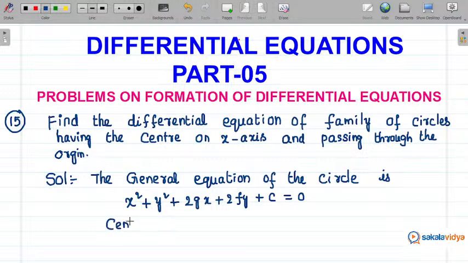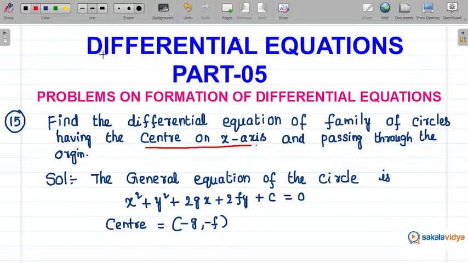Center equals minus half times x coefficient, that is minus g comma, minus half times y coefficient, minus f. But according to the problem, the center lies on x-axis.